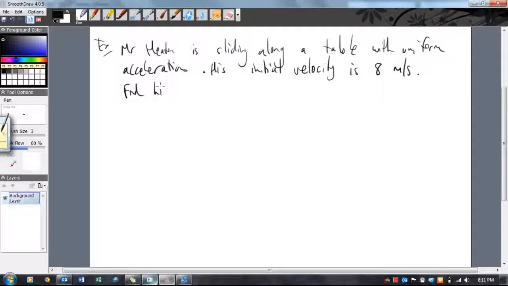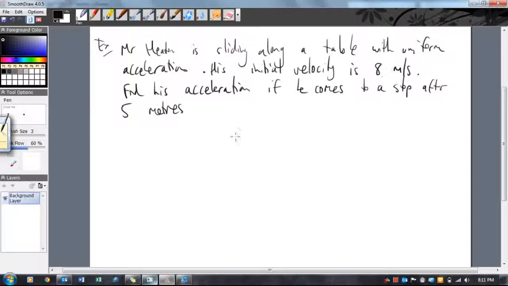Find his acceleration if he comes to a stop after 5 meters. So I'm sliding along a table with uniform acceleration.